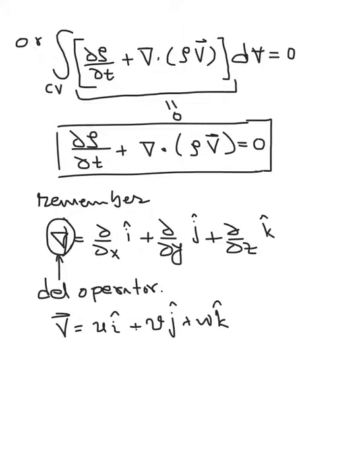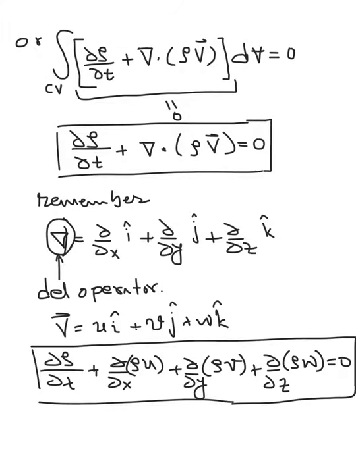So that's our definition of these vectors. Upon performing this dot product, I will obtain an expanded form of the continuity equation that I will write down now. You have seen that this is another way of representing my continuity equation.